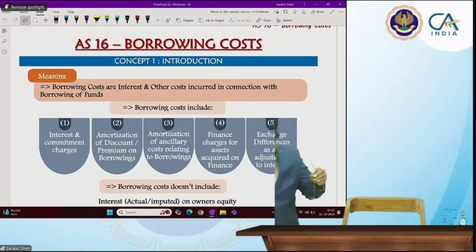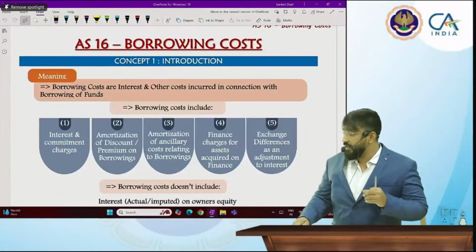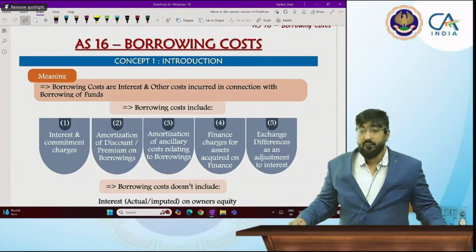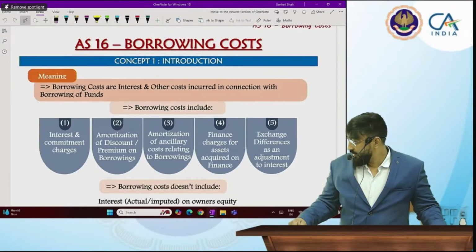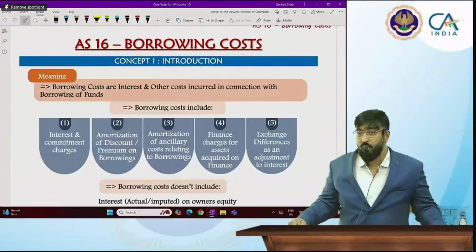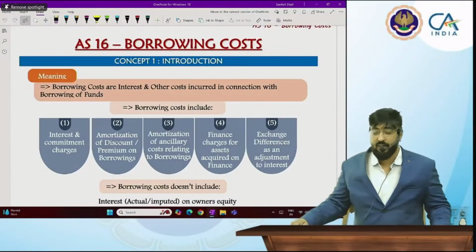So capitalization starts only if there is borrowing, there is expenditure incurred, and you have started the activities. Then you can capitalize it.